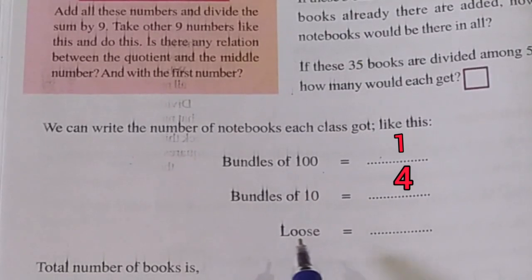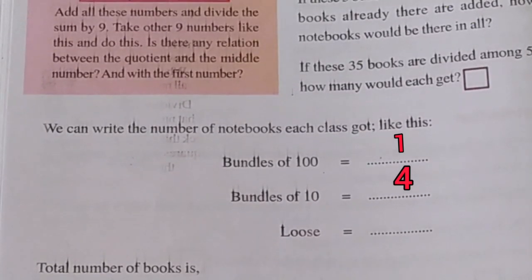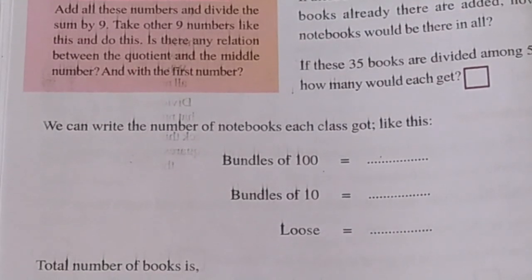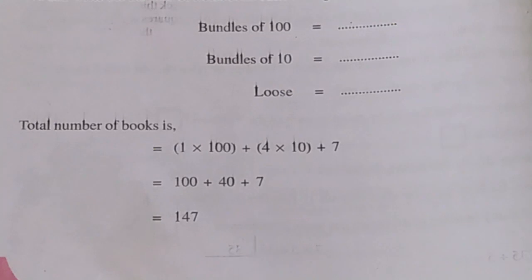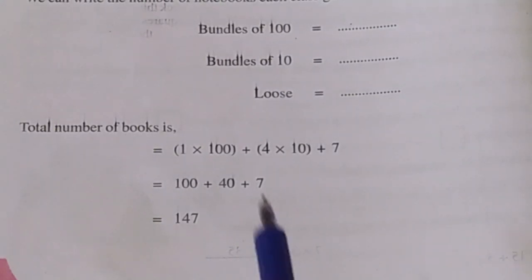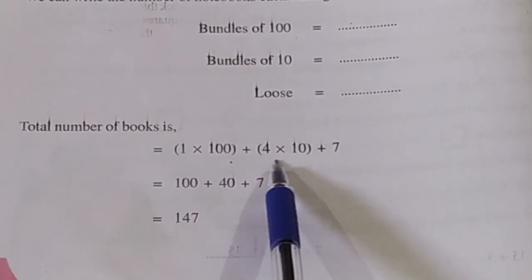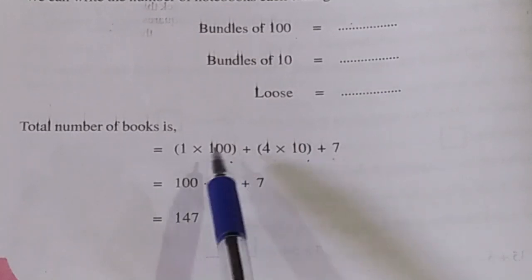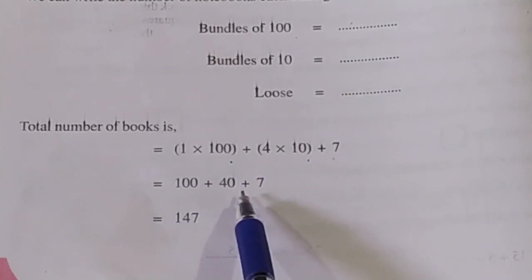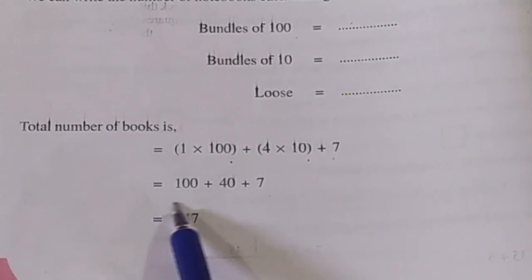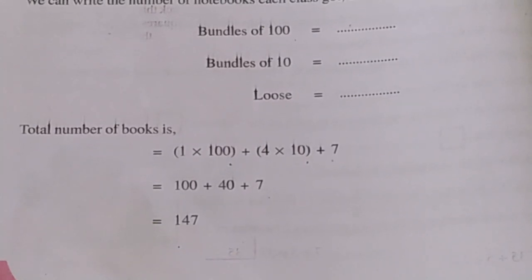And how many loose books? 7, isn't it? Okay, now look at here. Total number of books is 1 into 100 plus 4 into 10 plus 7. Okay, so 100 plus 40 plus 7, 147 books will be getting for each class.